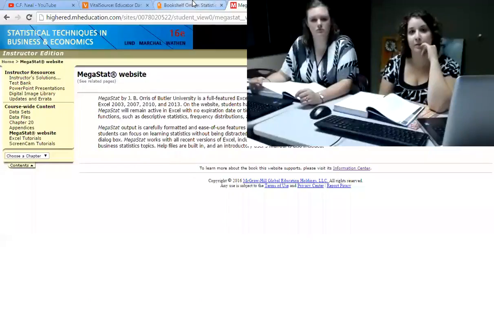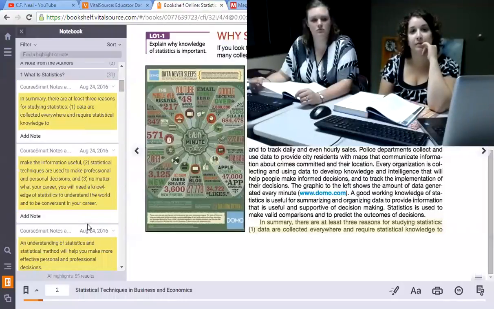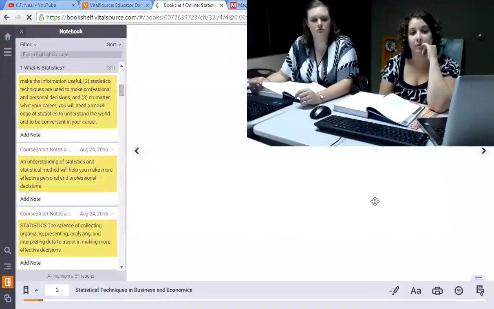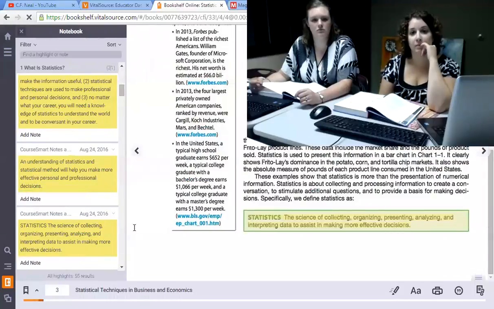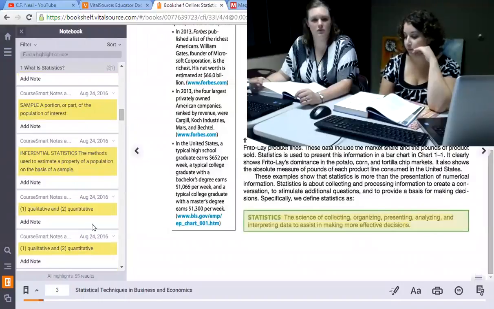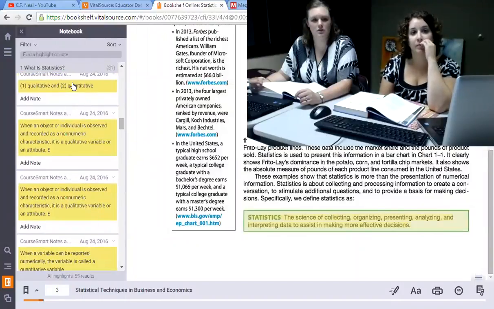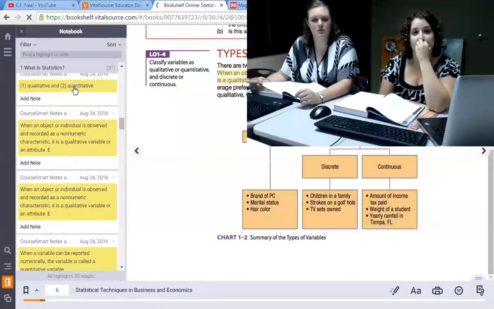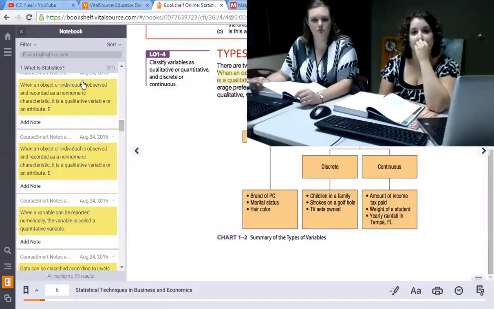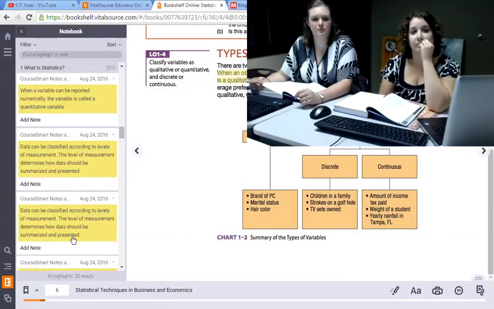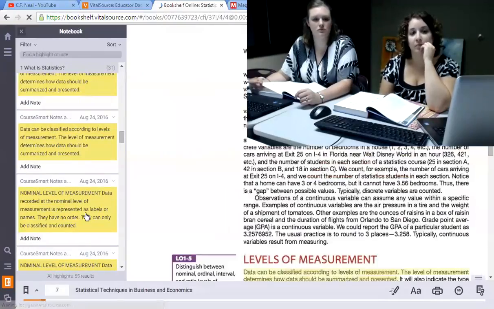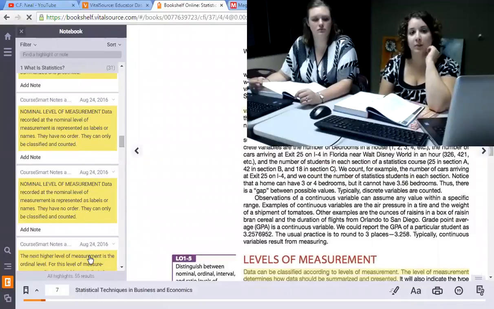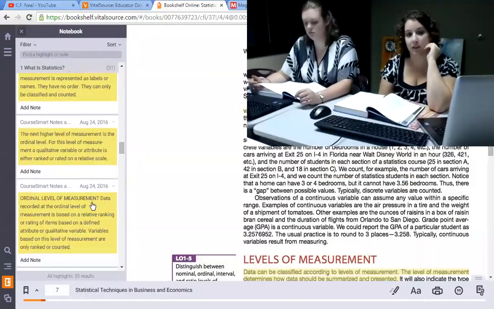There we go. This was the first slide. And we found the other one on page 11, that levels of measurement.